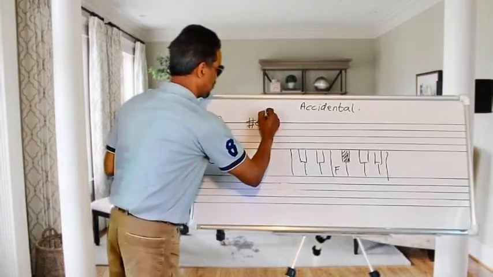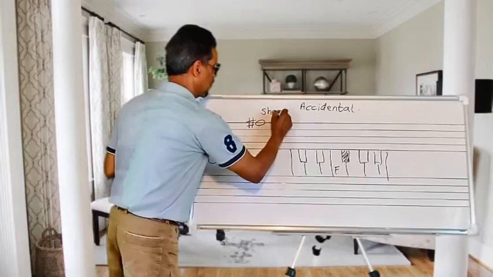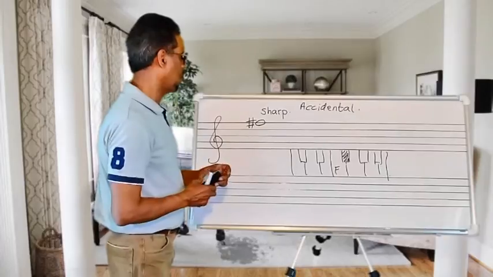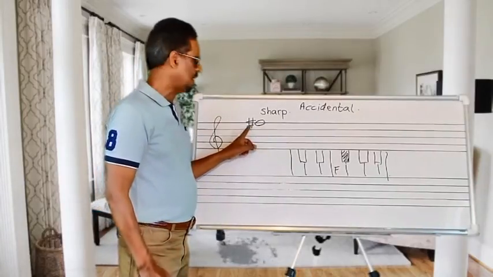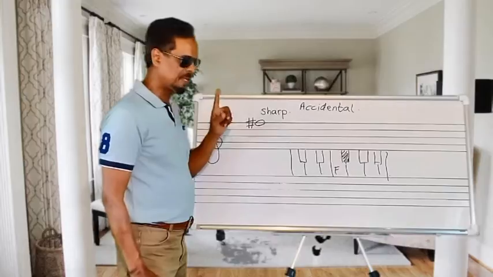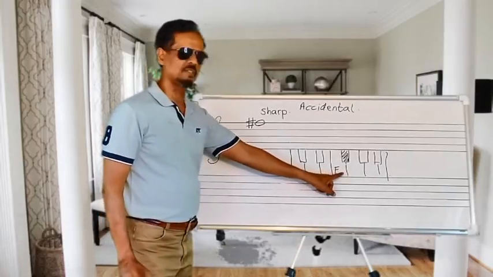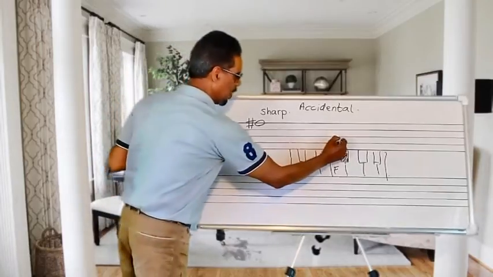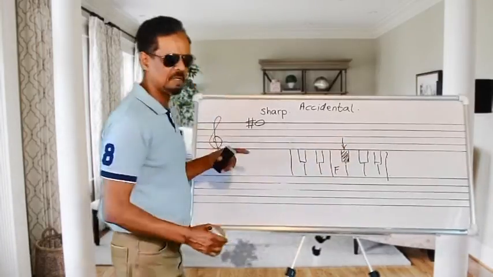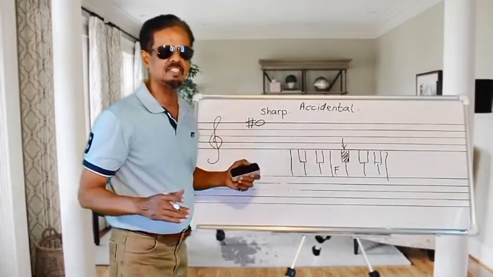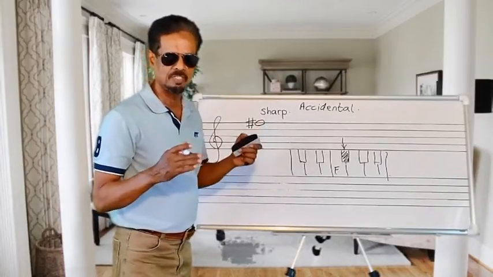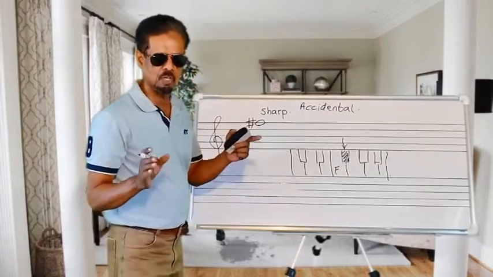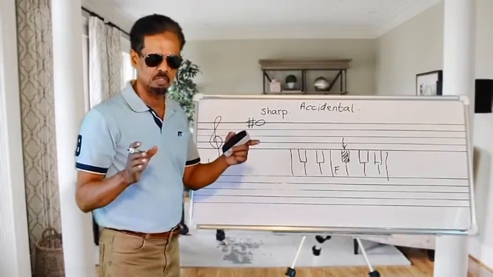We call it a sharp. When you place this sign in front of this note, the player knows that he will not strike the white key, he has to strike this black key, one semitone higher. So a sharp raises a note by a semitone. Remember this, a sharp raises a note by a semitone.